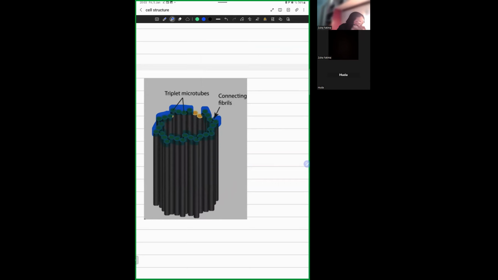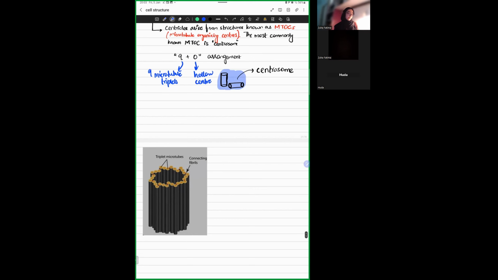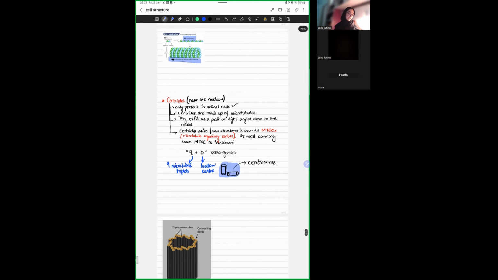So these are basically our 9 triplets over here, and these 9 triplets are forming the boundary of our centriole. And from the center, from the middle, this is basically a hollow body. And obviously these microtubule triplets are connected by little small fibers. So this is how a centriole looks like. And obviously at a right angle to it, a similar centriole will be present, because the centrioles are always present as pairs. So yeah, that is centriole for you.